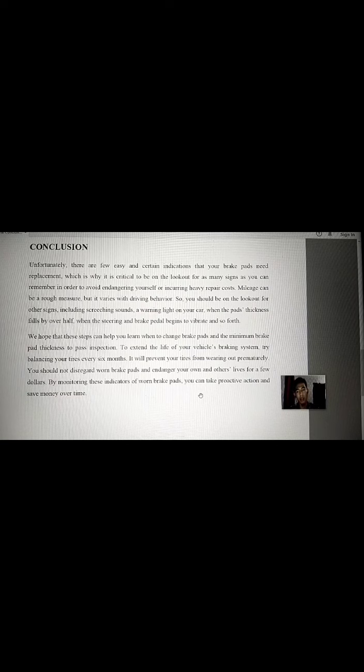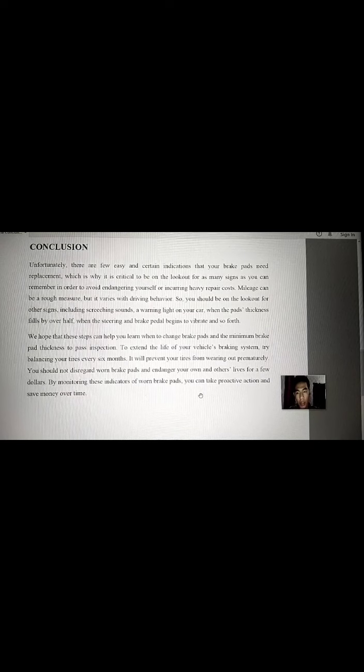Mileage can be a rough measure, but it varies with driver behavior, so you should be on the lookout for other signs, including a scratching sound, a warning light on your car, the pad thickness falling by over half, or the steering and brake pedal vibrating or feeling soft.